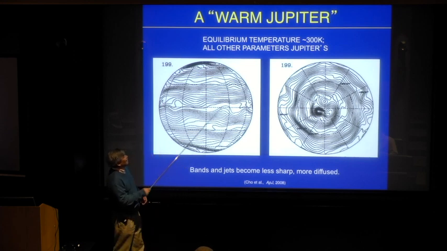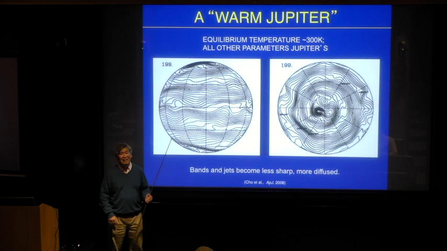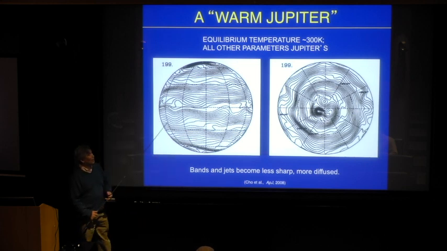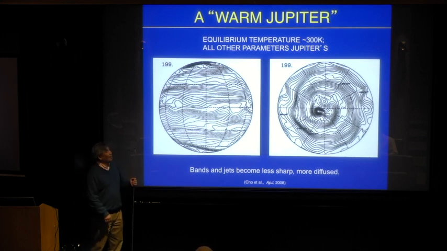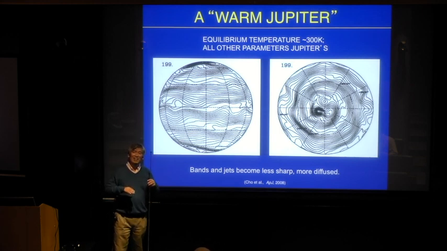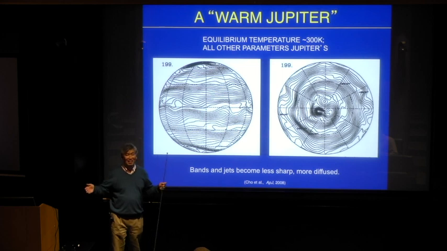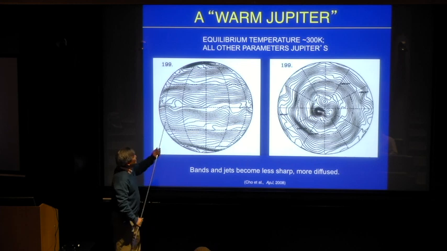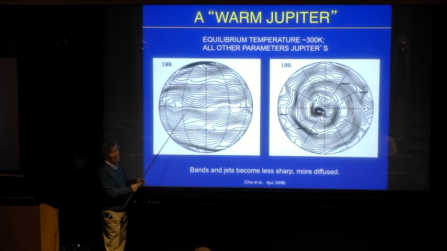And if you do that, you start getting things that actually don't quite look like Jupiter, even though everything else is a Jupiter parameter. And the reason is, even though you form multiple jets like on Jupiter, the deformation radius is now increasing. The interaction length is increasing. So even after you form the jets, one jet can see another jet nearby, and they tend to merge. And that's the reason why the alternating gradients are muted, and the jets look very diffuse.